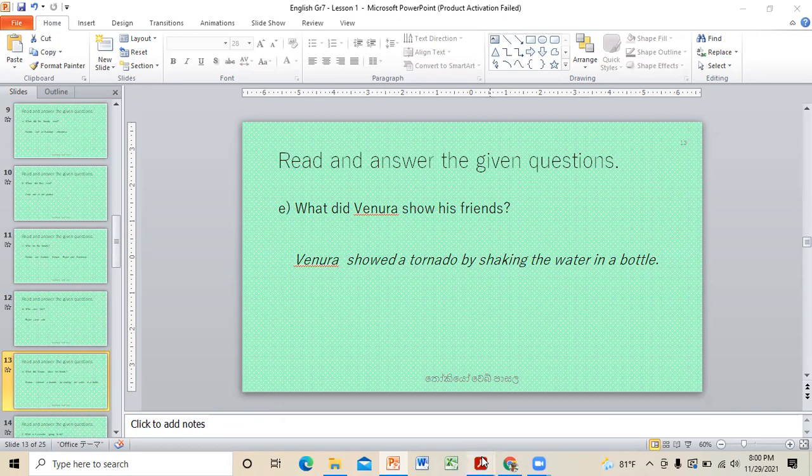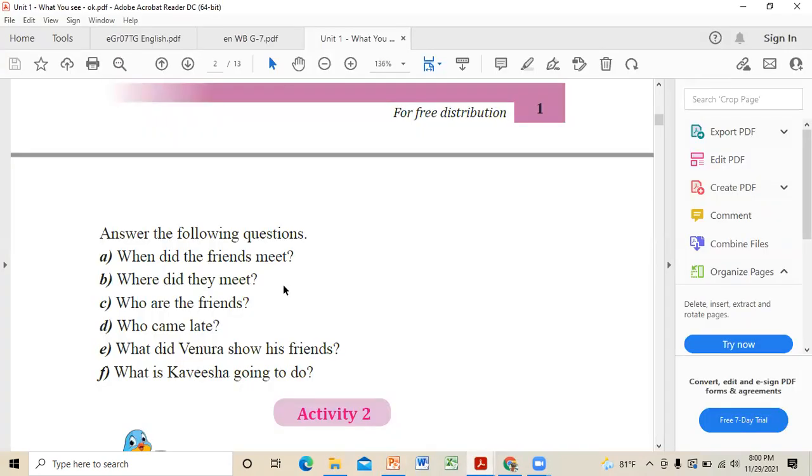So good. And we are moving to the last question, and we are in the last minute of our lesson. What is Kavisha going to do? Who knows the answer? Right, maybe Ishini? Kavisha is going to do a magic trick.